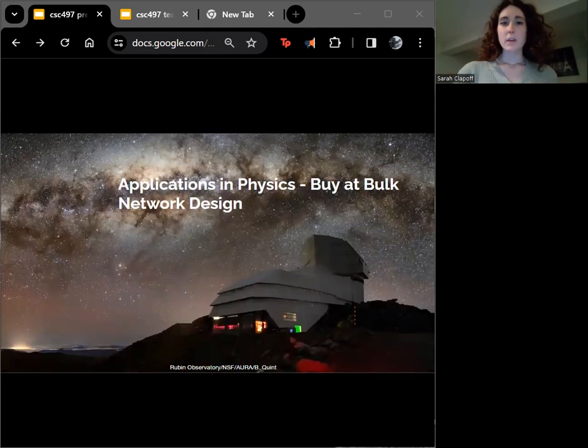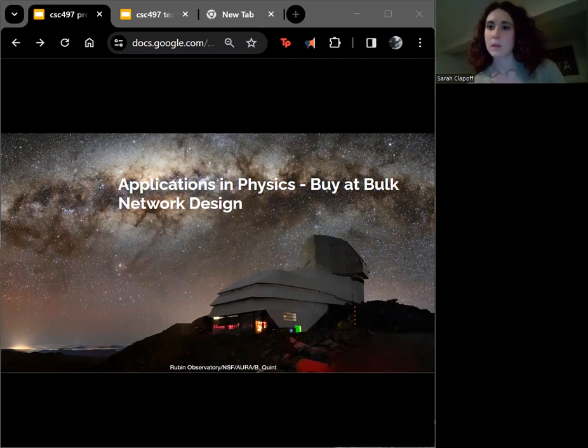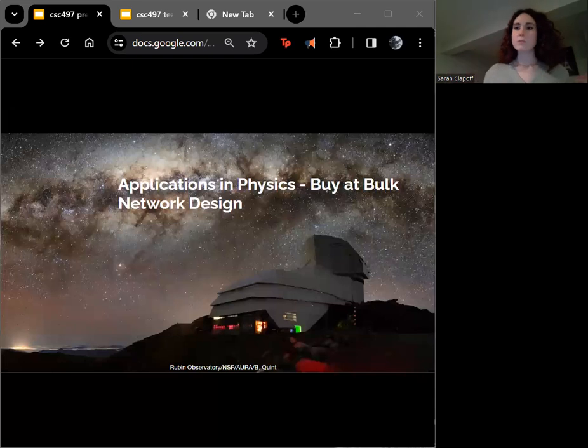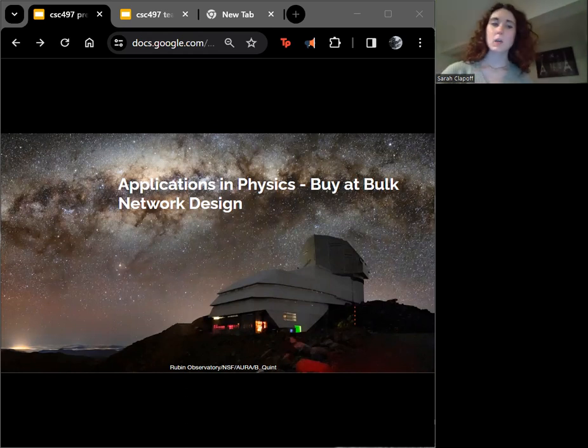So next, I want to talk about some applications. One of the applications that I looked at was the Buy-at-bulk network design problem. A lot of astronomical surveys require processing huge amounts of data before they release it to the public. For example, I looked at the Rubin Observatory LSST survey, which is a huge survey.